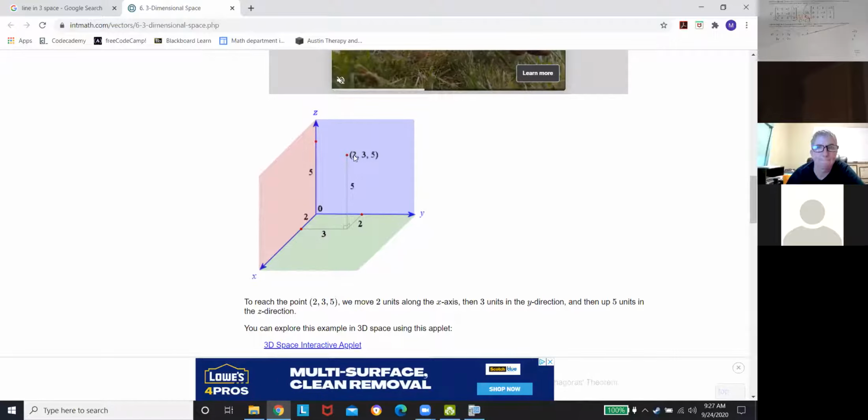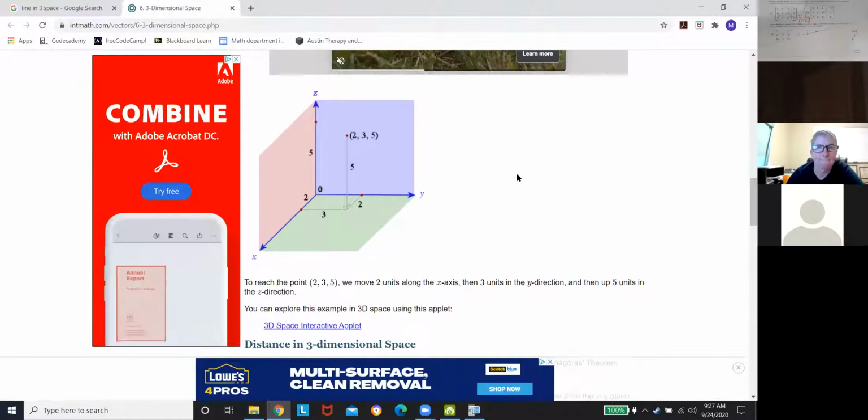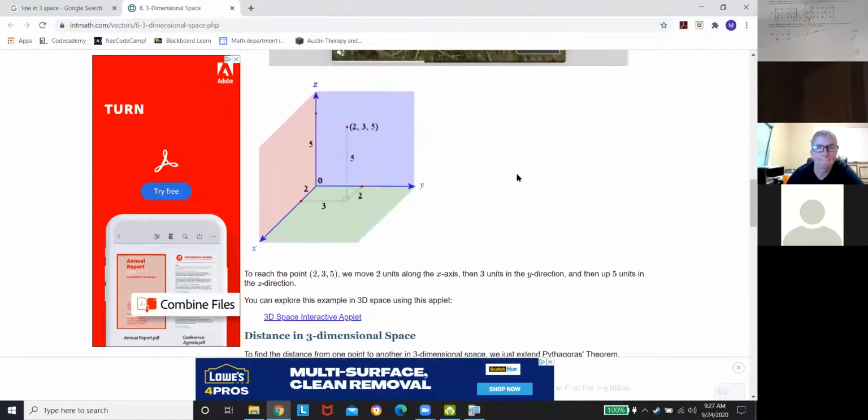Hopefully we can decipher what this means. This is my x equal to 2. So I'm going 2 out in my x. I'm going 3 out in my y. And I'm going 5 up on my z. And this is a point in 3 space. So this is out here hovering in space. And that's what a point in 3 space would look like.